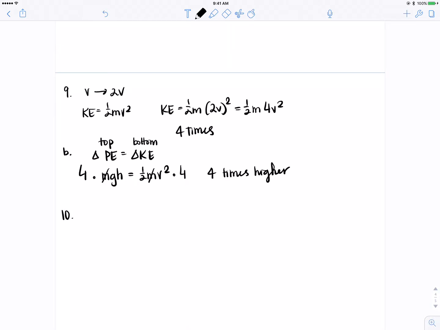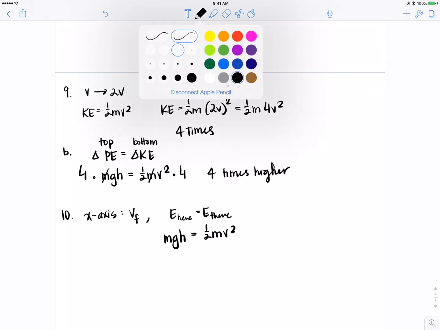Okay, question 10 says, how would your graphs change if the mass of the lander were doubled? Well, my x-axis was velocity, v final. And this we calculated based on equating energy at the top to energy at the bottom, which is mgh at the top equal to 1/2 mv squared at the bottom.